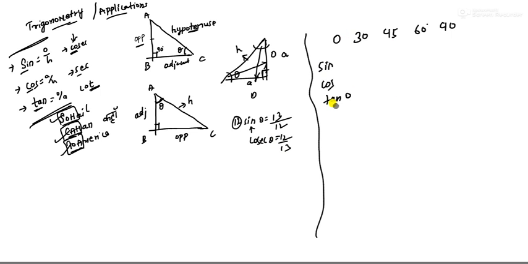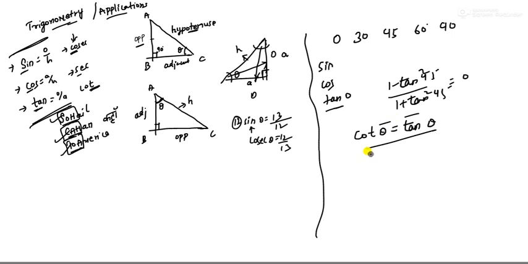Most of the time tan will be given, like 1 minus tan square 45 divided by 1 plus tan square 45. So it is 0 because tan 45 is 1. They may also give something like cot theta is equal to tan theta, for what value they are equal, or else sin theta is equal to cos theta. Both of these are equal only for 45 degrees. So you have to remember these two.